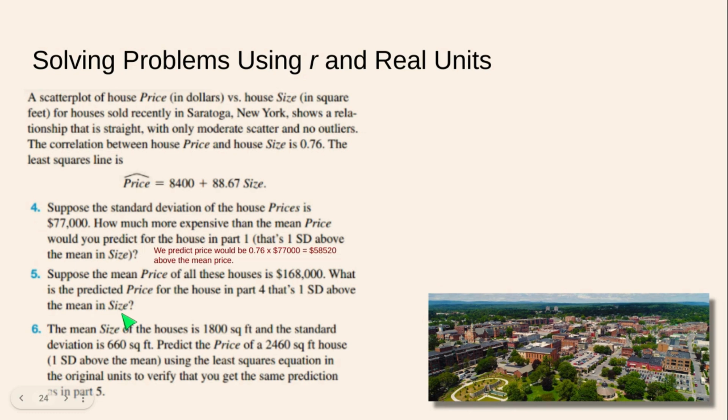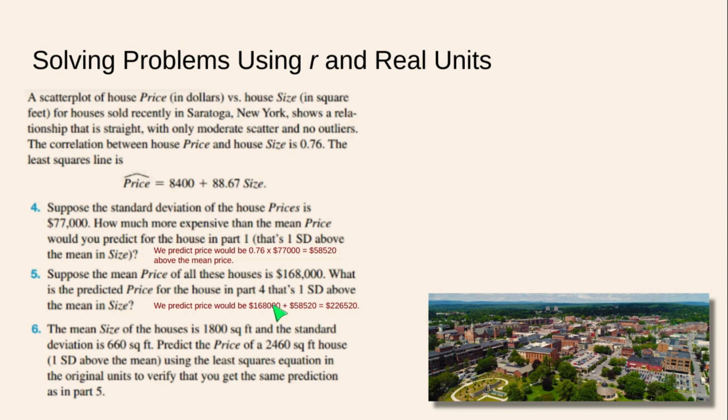Similar idea to before for this one. See if you can do this one on your own. Pause the video and unpause it when you think you have an answer. All right, let's check out that answer. We predict that the price would be, here is the mean price of the houses, and here is our predicted increase above the mean from part number 4.